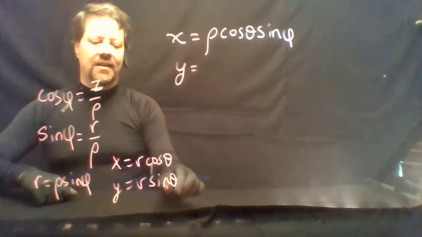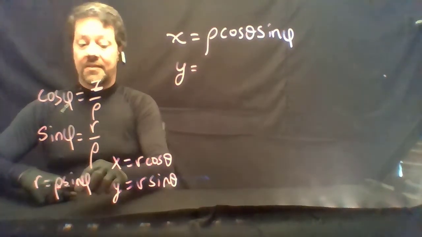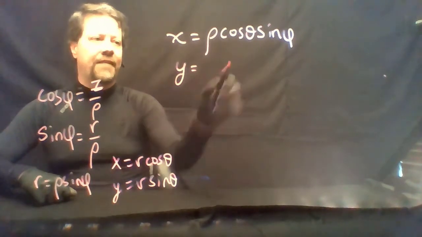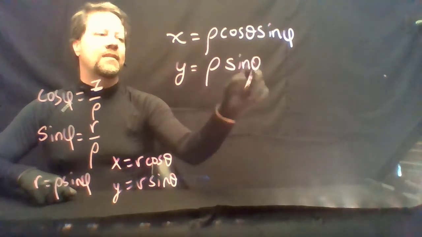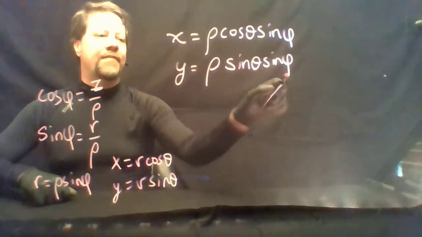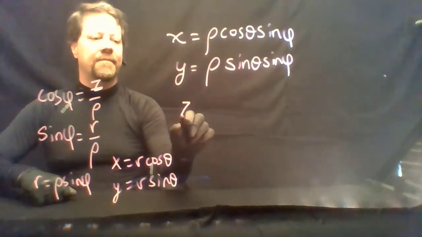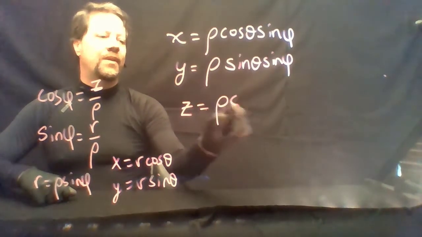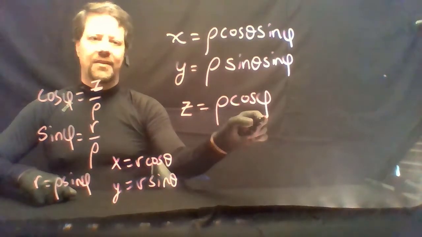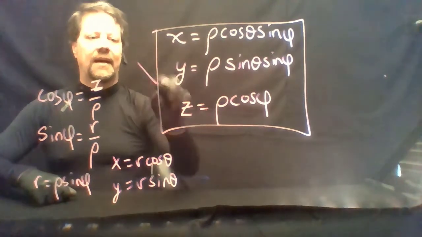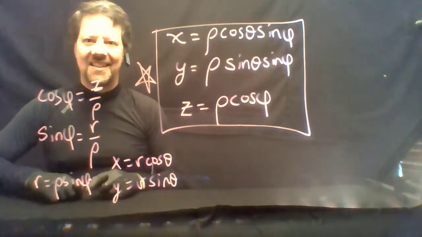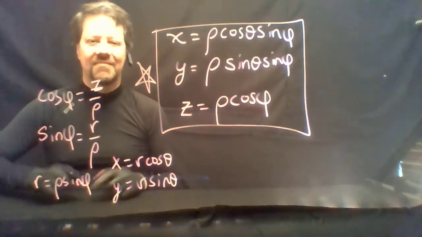If y is r sine theta and r is rho sine phi, then y is rho sine theta sine phi, and z is rho cosine phi. I would like for you to memorize these conversion formulas.